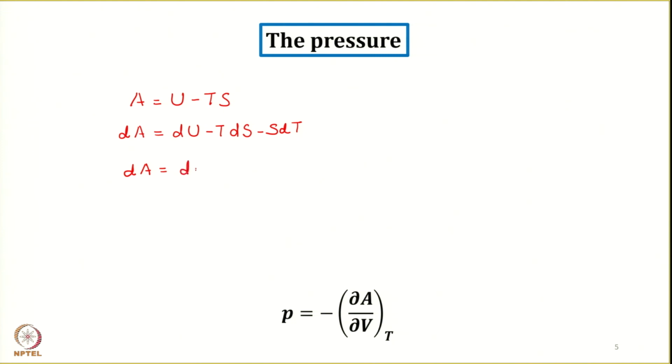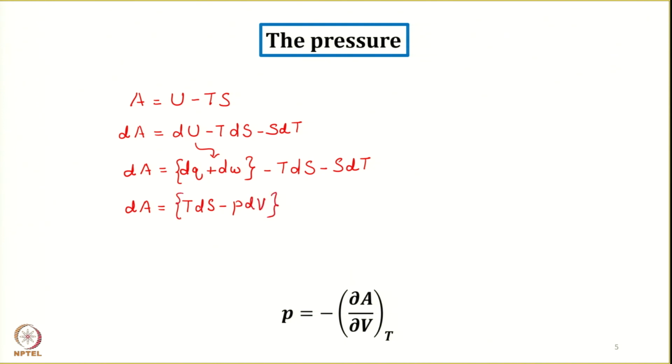I can write the first law of thermodynamics, dU is equal to dq plus dw. This is dU, minus TdS minus SdT. Let us assume reversibility. dq is equal to TdS, dw is minus PdV.